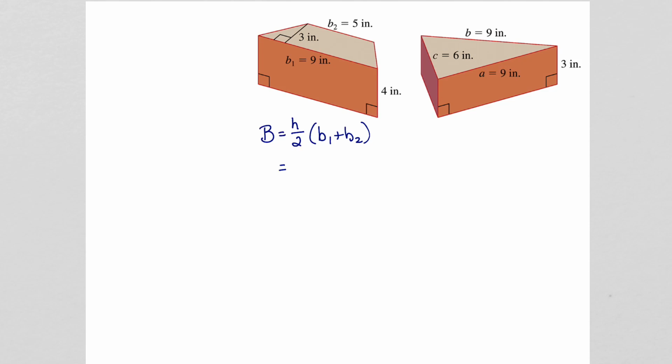So the height of the trapezoid is 3 inches. And then the lengths of the base of the trapezoid are 9 and 5 inches. So the area of this base would be 21 square inches.